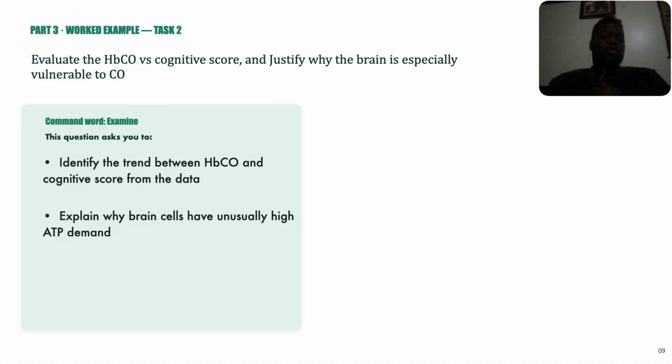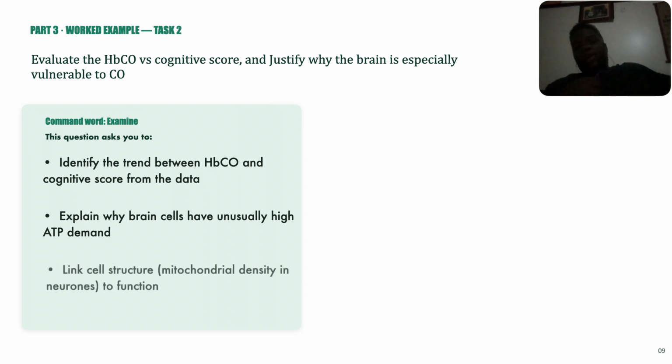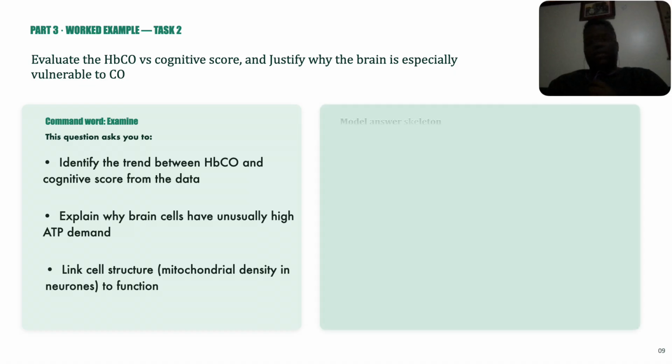Why? Because cognitive score is up there with the brain ATP requirements. And then you must link how the cell structure, or what we call mitochondrial density, in the neurons is going to function. So my model answer in this case would be something like this.